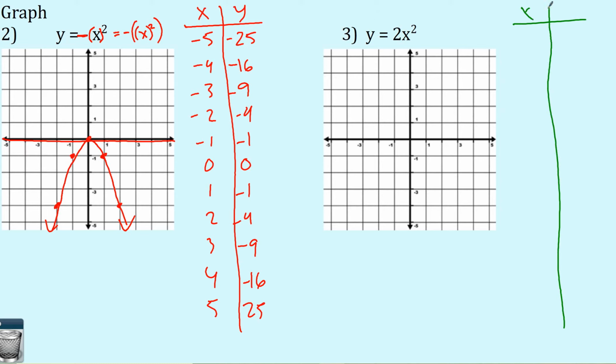We're going to plug in all of our values, and I will show you a shortcut, but we've got to investigate first. So we plug this in. We do x squared first, so square your x and then multiply by 2, because that 2 is not part of being squared. So we should get, what is that, 50?